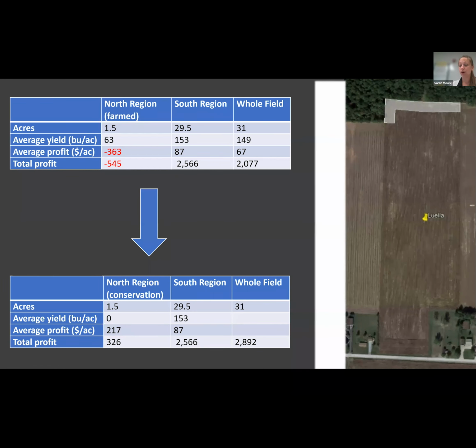That is a pretty great turnaround. And so that changes our whole field. Total profit was just over $2,000. And by just switching over that 1.5 acres, it increases our whole field to $2,890. So again, when we're looking at places to make changes, these small areas can really make a big difference in terms of return on investment.